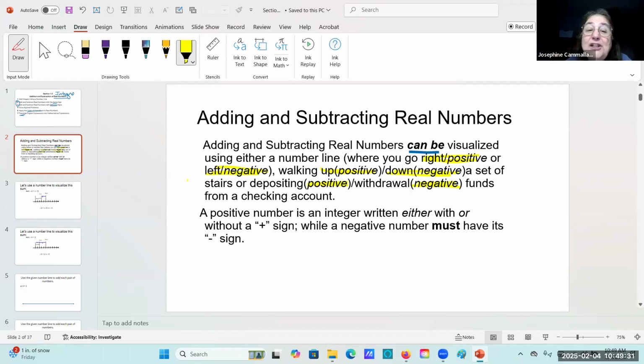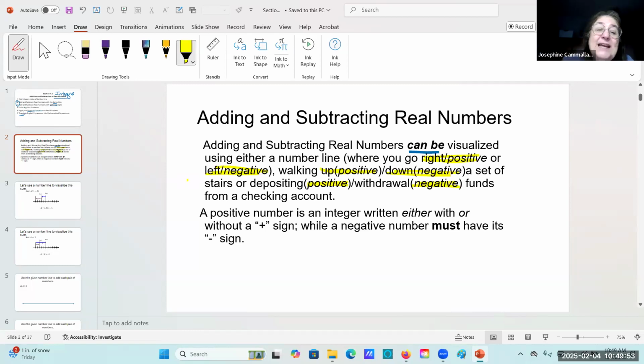Now, some people like to use these situations to help them understand, rather than use a number line, to determine the answer. But don't forget, we've talked about the opposite of. That's going to come into play here.